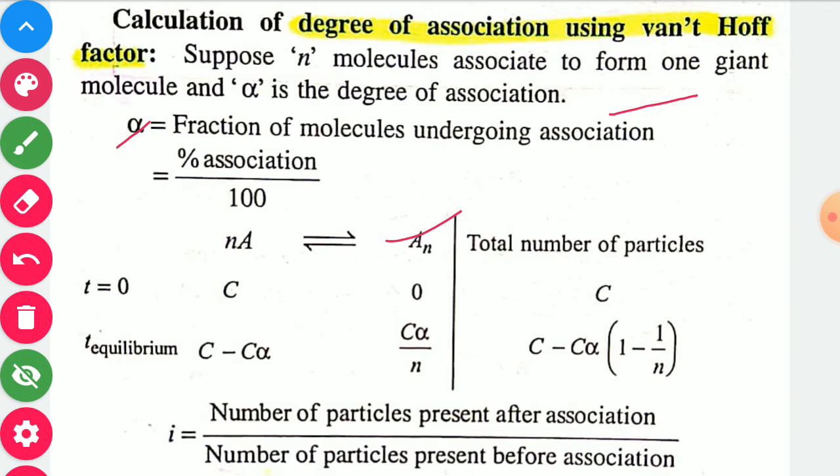Let n molecules of solute A get associated to form An molecule. Before equilibrium, that is when time is equal to 0, the concentration of A molecules of solute is C, and An, that is the associated molecule, is equal to 0.